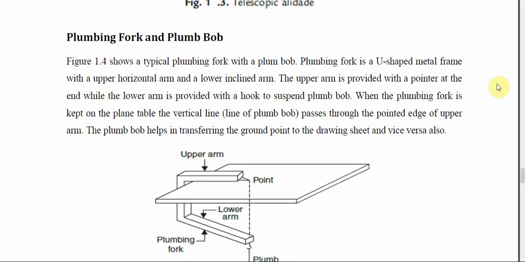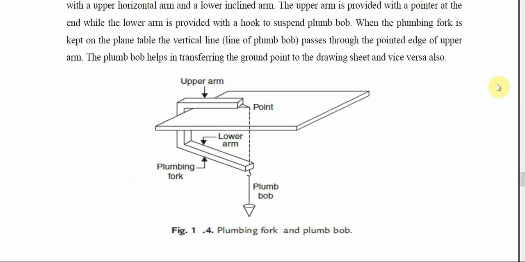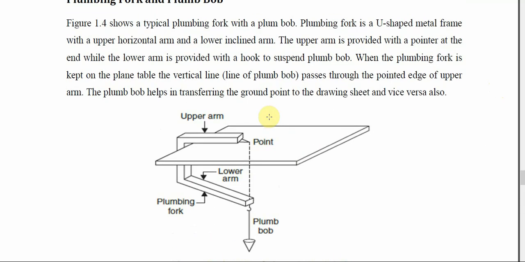The next accessory is plumbing fork and plumb bob. Now, this is my table, and the plumbing fork or plumb bob is a U-shaped metal arm with an upper horizontal arm and a lower inclined arm.